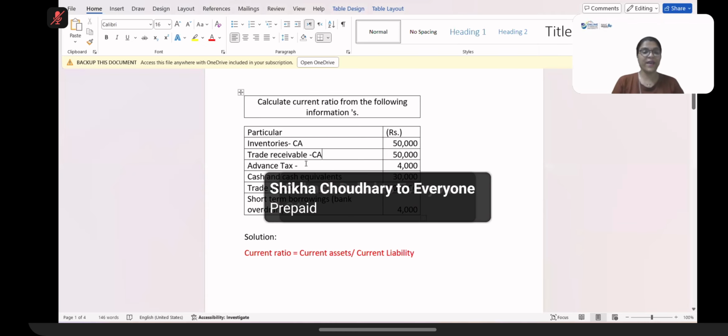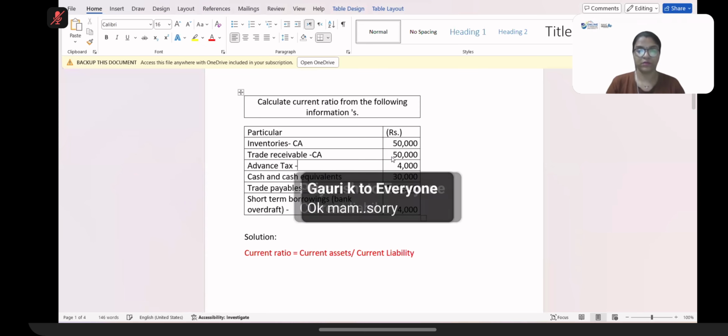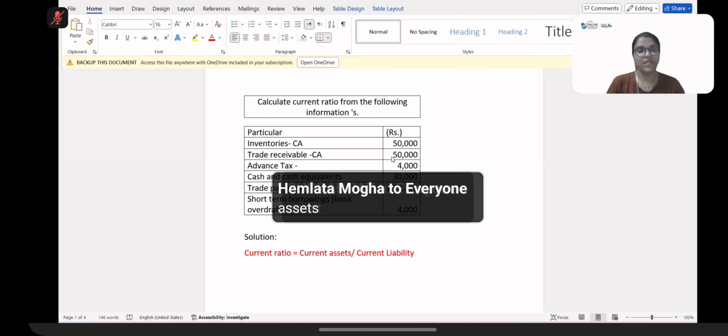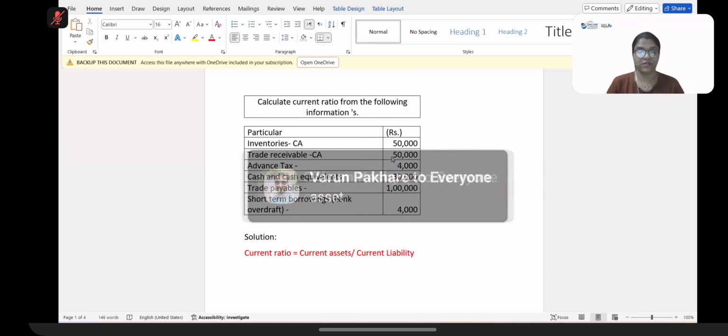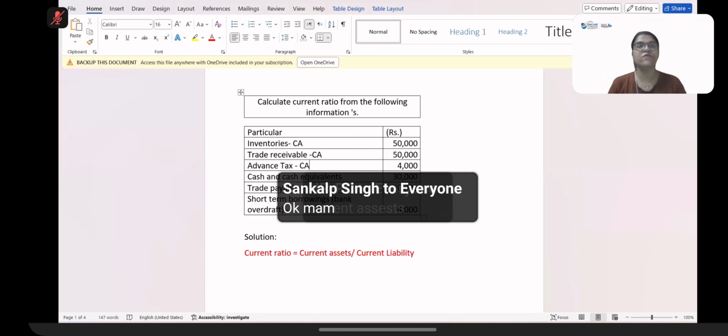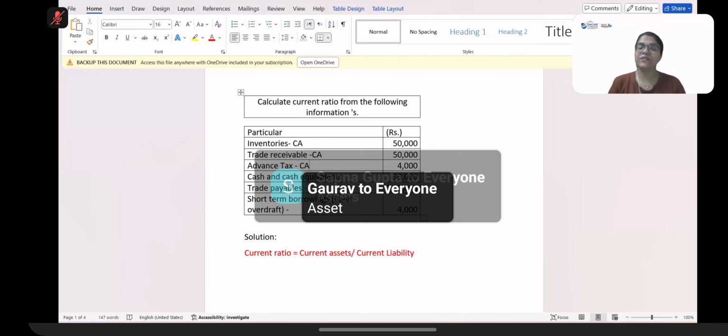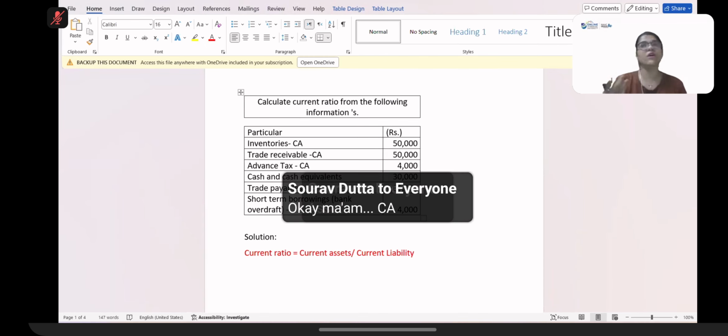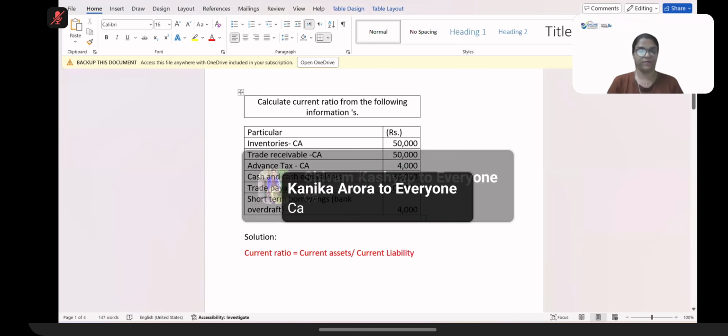So prepaid goes where? Yes, that's asset. Very good. So that's current assets. See, the terminology here is given differently, but that doesn't mean you should get confused. Advance is nothing but your prepaid, and prepaid is a current asset. Cash and cash equivalent. Very good. Current asset. Super.